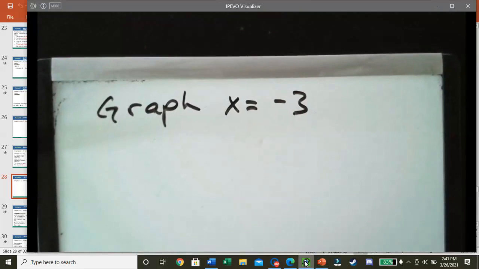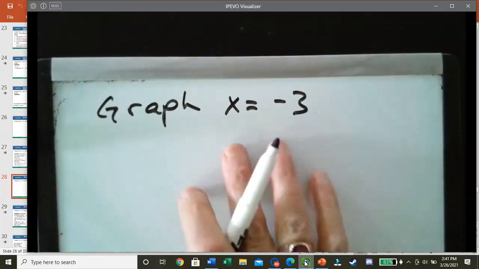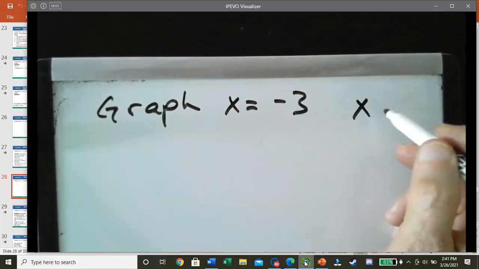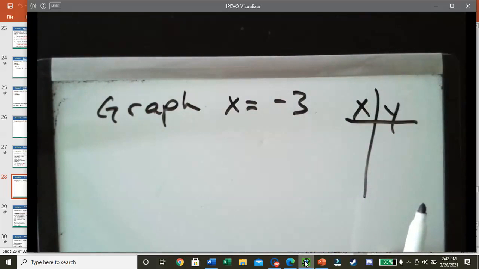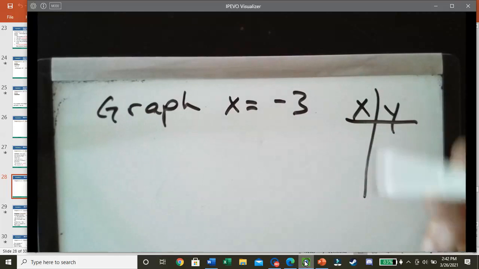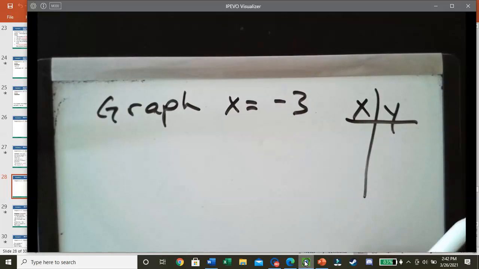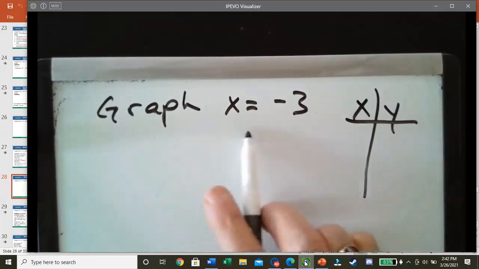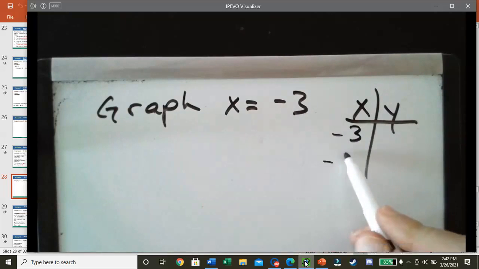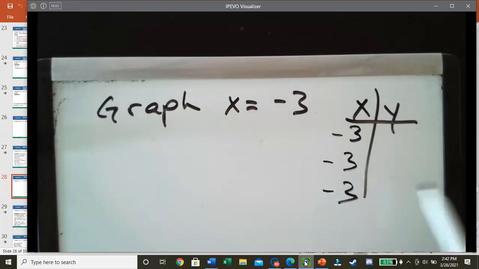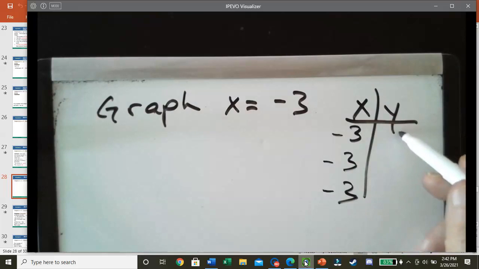So there's no y this time, right, or f of x. So again, we can use the table of values. Now, where's that -3 going to go, under the x or the y for our table? X, right? X is going to be -3 forever, right? Y can be anything.